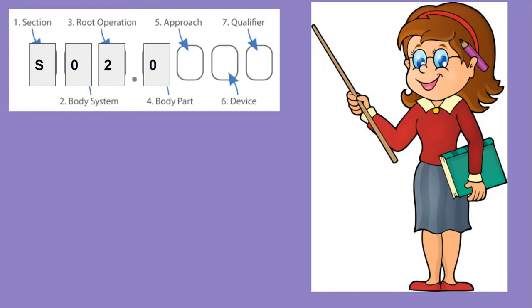So let's say that we have a fracture of the vault of the skull and it's an initial encounter. Our code is going to be S02.0. What's got to be our next digit or letter? An X. An X. Then our next one's going to be another X and then an A. So it would be S02.0XXA.